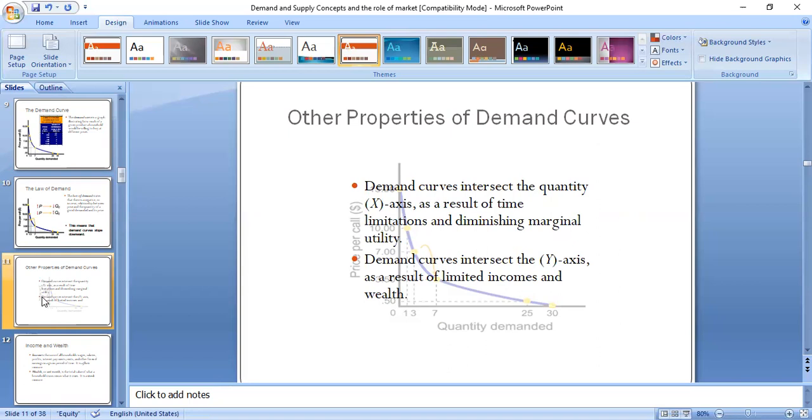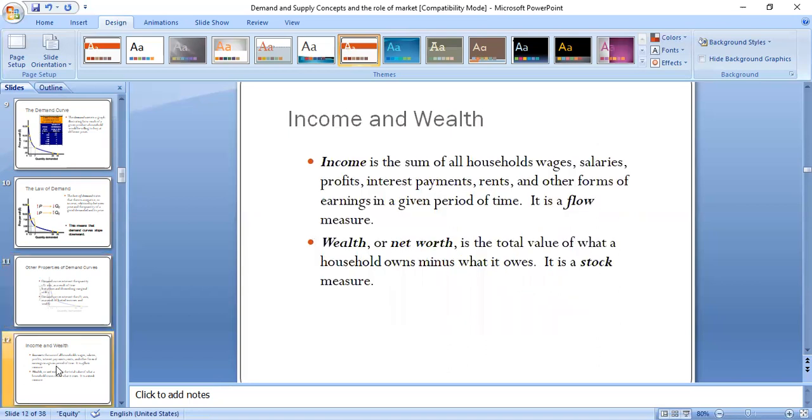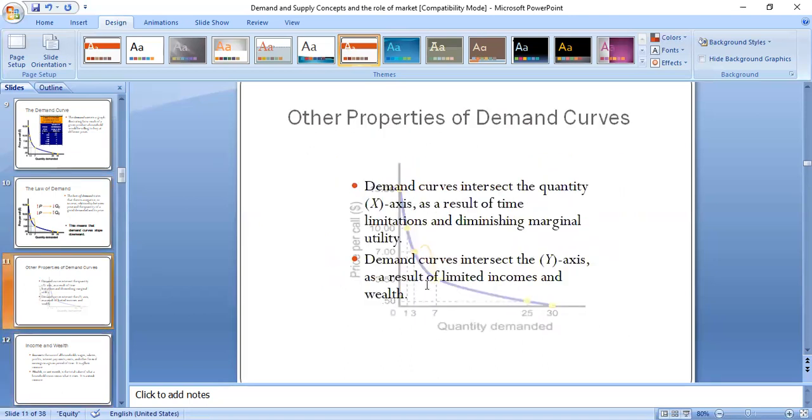The law of diminishing marginal utility states that as more and more units of a commodity are consumed, extra satisfaction derived from consumption of that commodity will reduce.